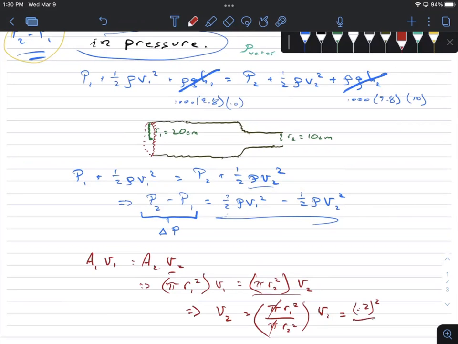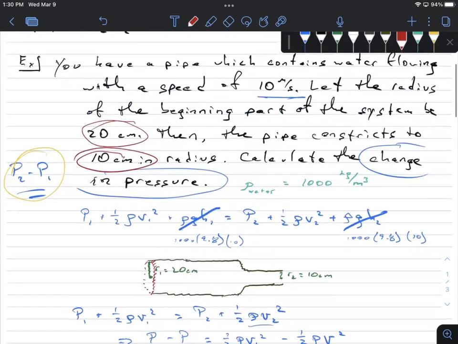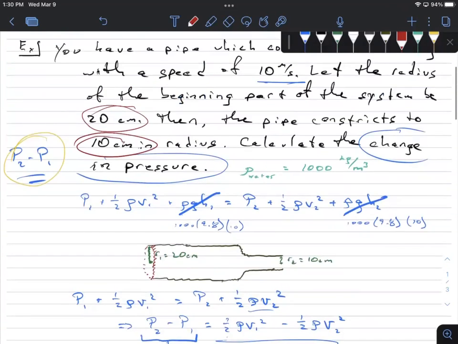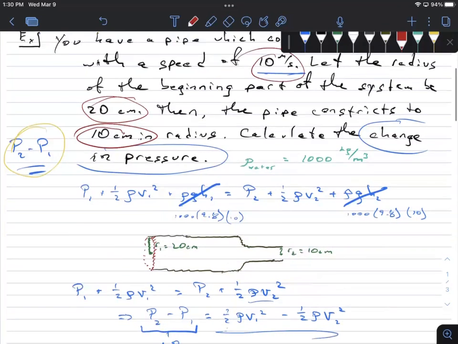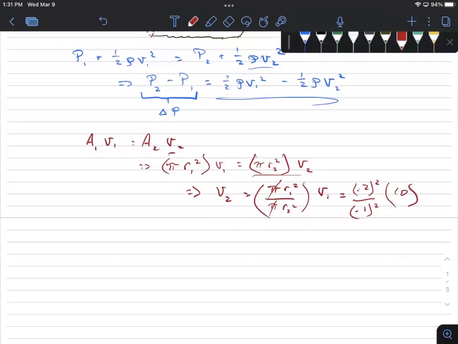And then I need r2 squared. And r2 is 10 centimeters. Again, I have to convert it. 10 centimeters is 0.1 squared. And all of that times the velocity of the fluid in the first part of my pipe, which is 10 meters per second, so 10.